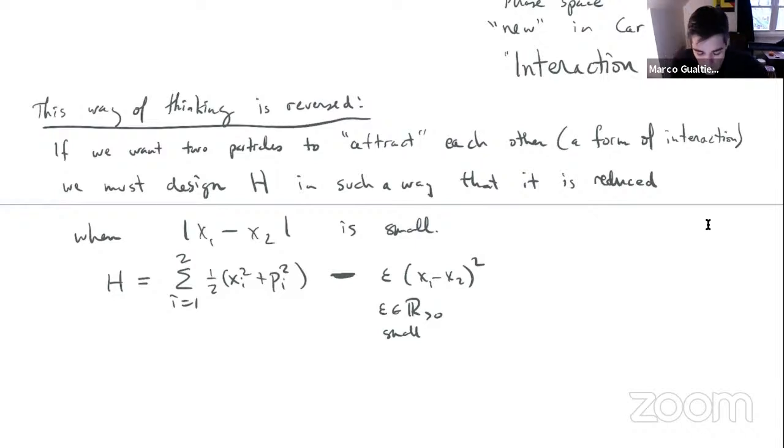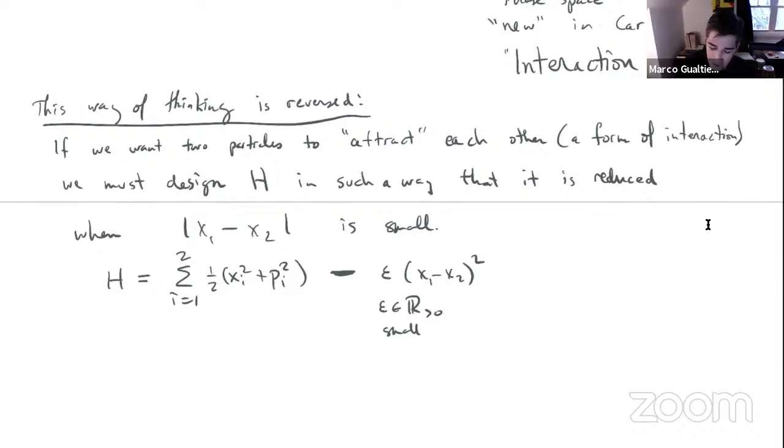Yeah, it's energetically favorable for the distance between x1 and x2 to be less. Sorry, did I make them repel? Can someone see if I've made them repel or not? I think you've made them repel, because if they're far away, then your term is big, and so your energy is small.